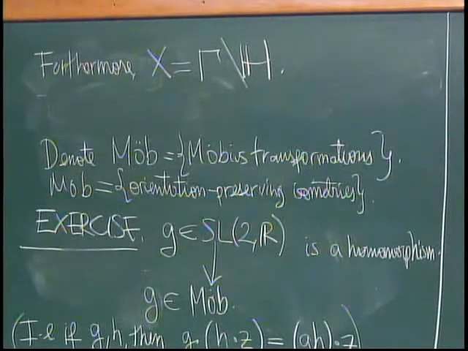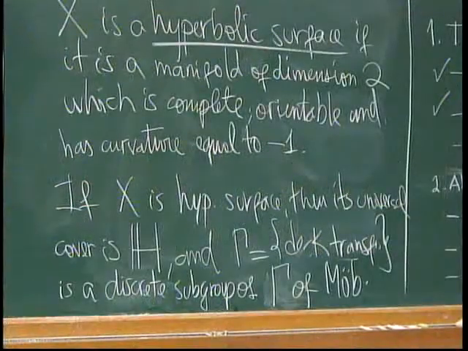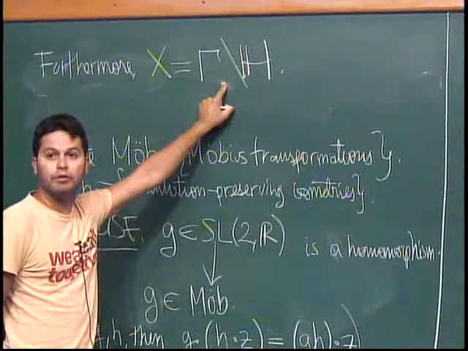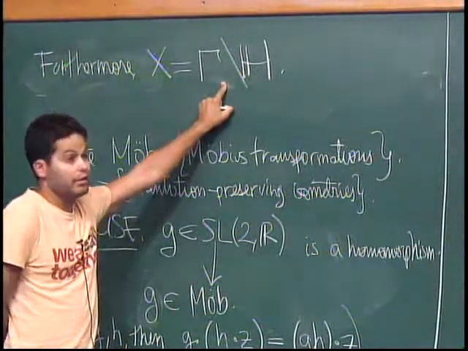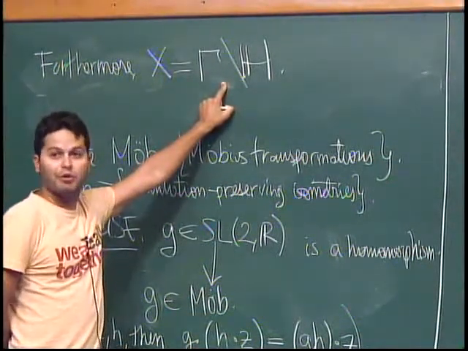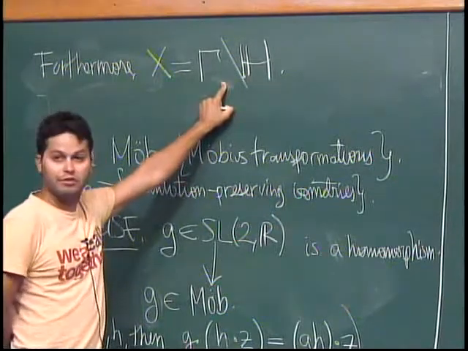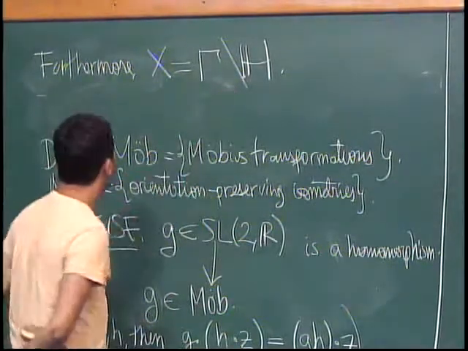I'm always going to consider right quotients, at least I prefer them, but I am also going to convince you tomorrow that there is no distinction between right and left quotients.